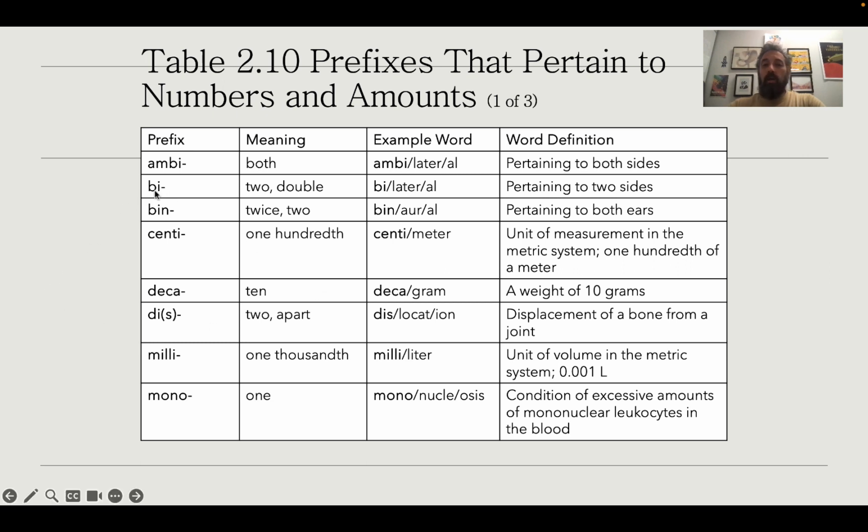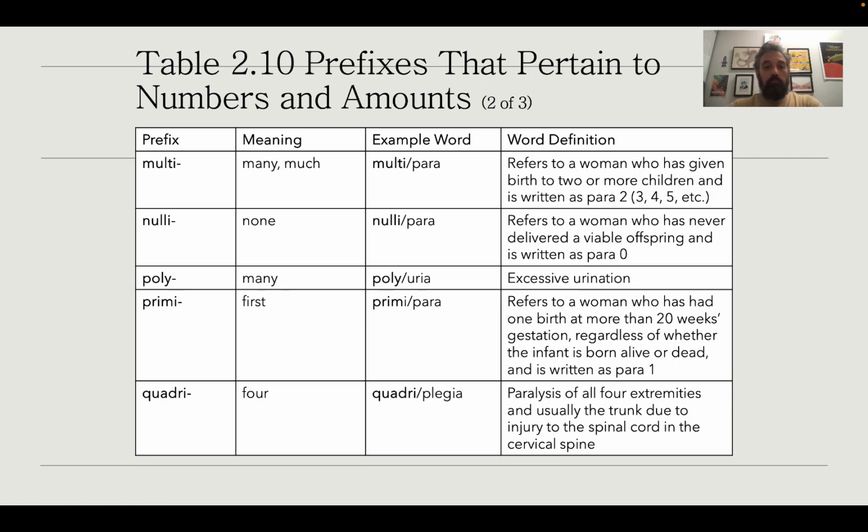With bi, you might actually see it as bis as well, like dis. And then we also have some of our SI prefixes like centi, deca, milli, nano, multi, all of those different types of things.